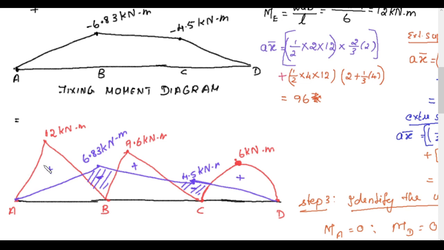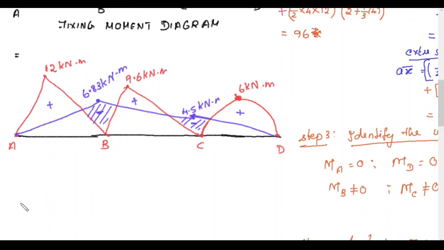Now listen. While drawing the bending moment diagram, at the intermediate supports, due to the fixing moment, you have negative bending moment. So while drawing the deflection diagram, we can draw it like this. This is A, B, C and D. Our deflection diagram will be, at B, extend this, here also extend this.